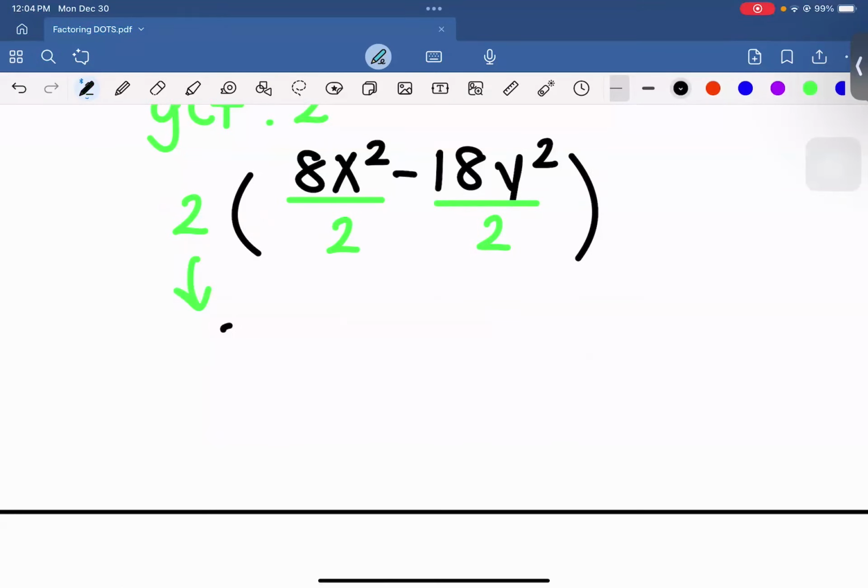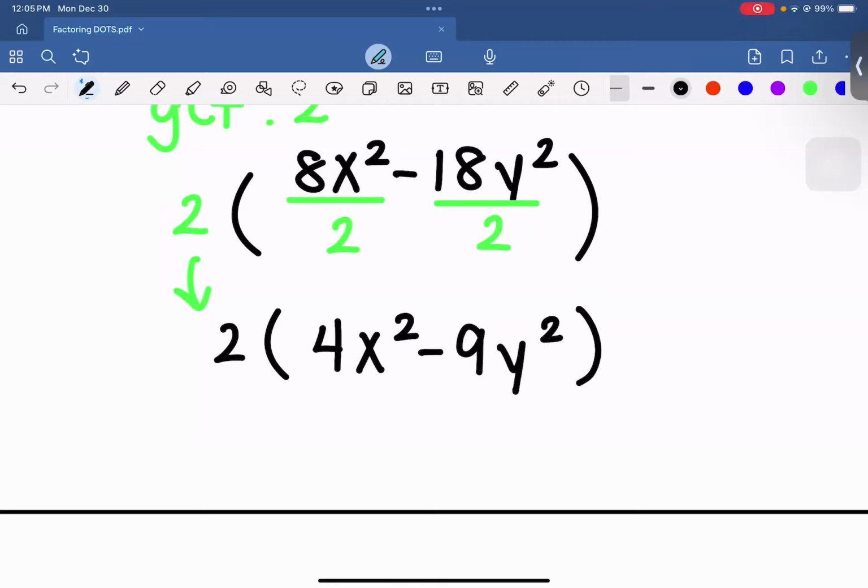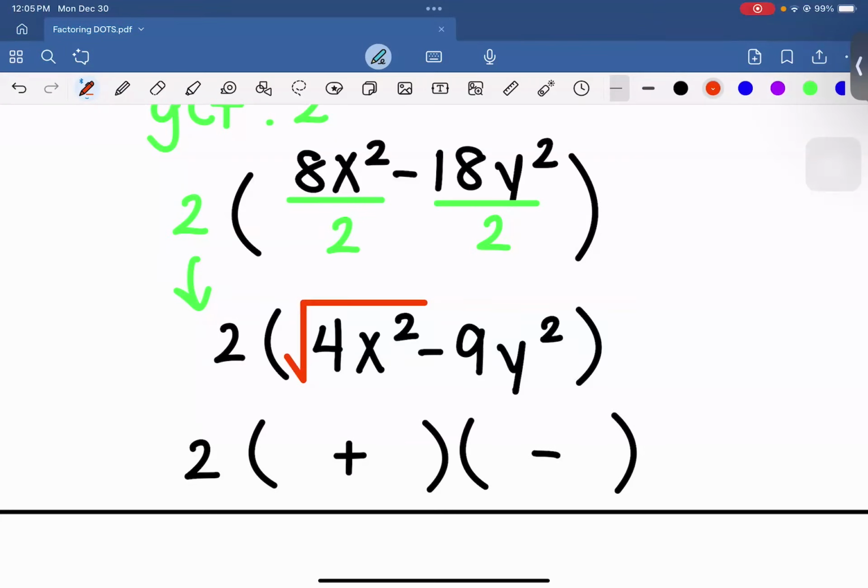And that should get us 2 times 4x squared minus 9y squared. And would you look at that? We have our perfect squares coming out to play. So now I'm able to do dots, and I'm going to open up 2 sets of parentheses now. I'm putting my signs in the middle, plus, minus, and then I'm putting my square root symbol over each of my terms.